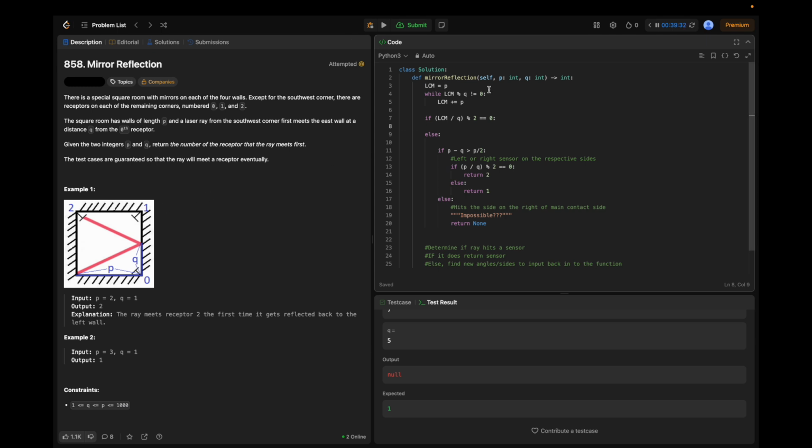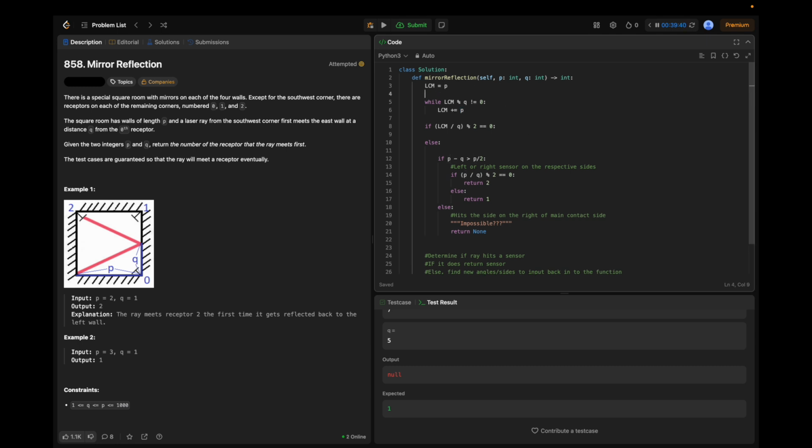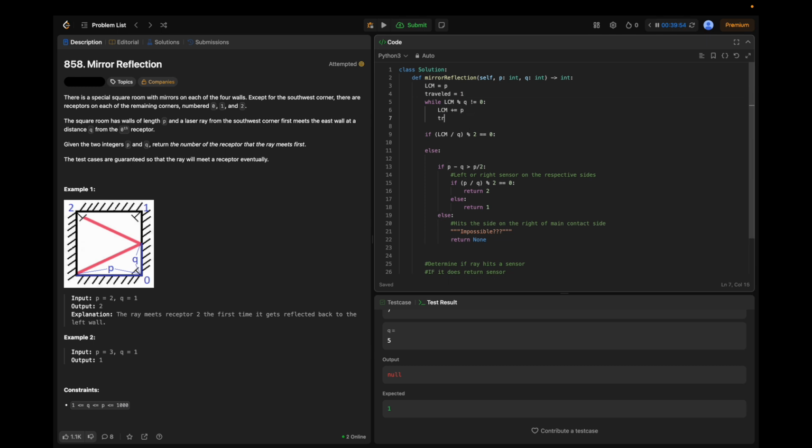Oh no, I want to know the number of times P is added. Right? So traveled is equal to 1, because we're traveling up 1. And if the LCM doesn't work, say traveled plus equals 1.